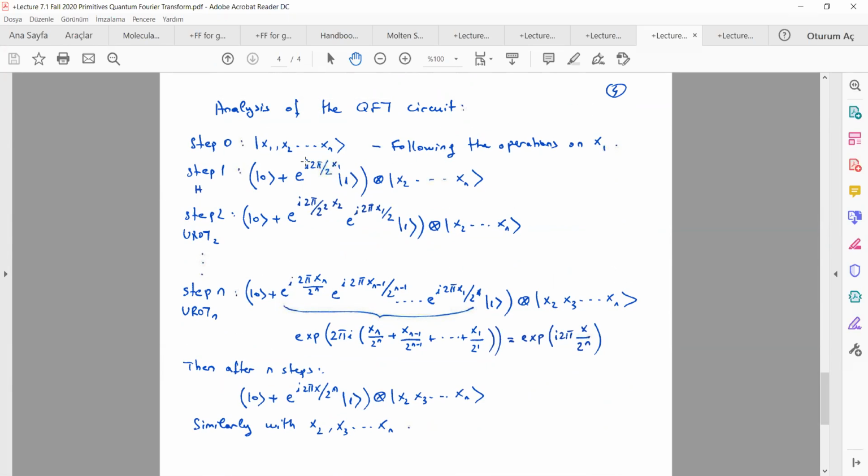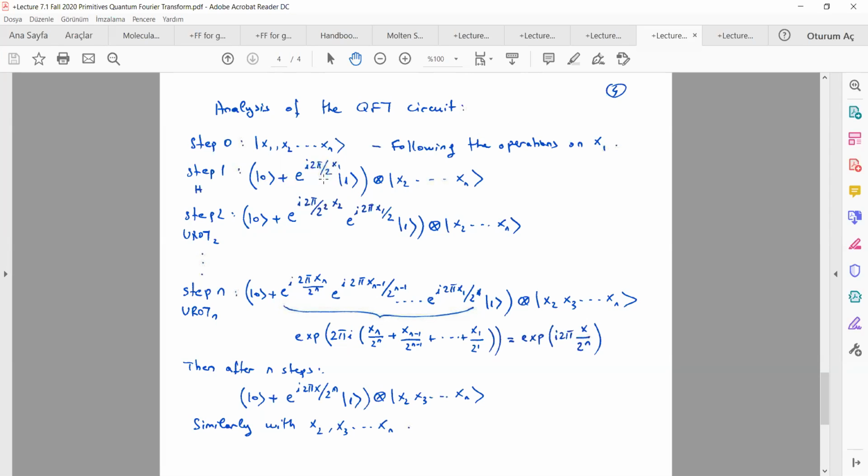So step 1, now I apply this Hadamard transform to the first qubit. If I apply the Hadamard transform, I have ket 0 plus e to the i 2 pi over 2 to the x1, ket 1. If x1 is 0, this exponent is 0, so I have the plus state, just like we have seen a few minutes ago.